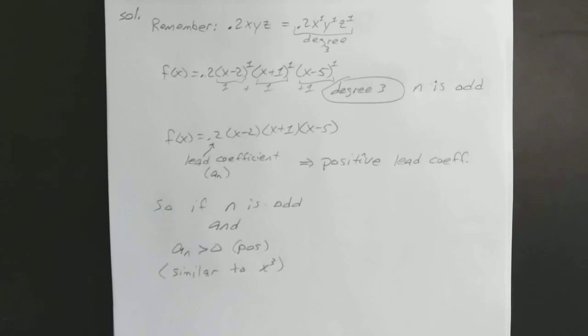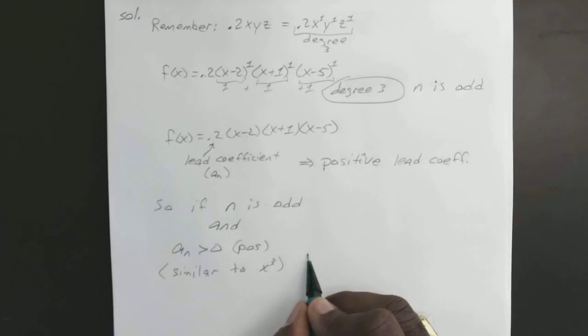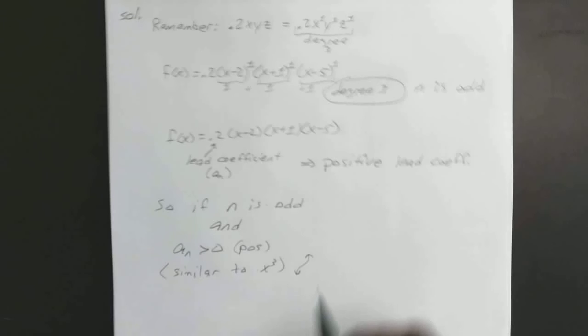That's pretty similar to x to the third. If you can remember how x to the third looks, because you have an odd exponent and the number in front of it is positive, x to the third kind of looks like that.